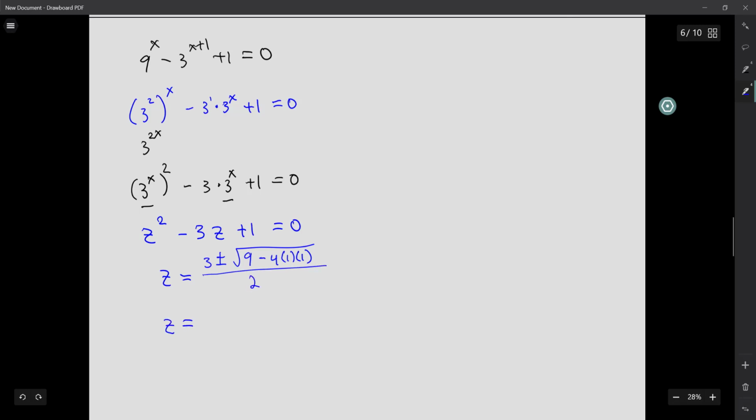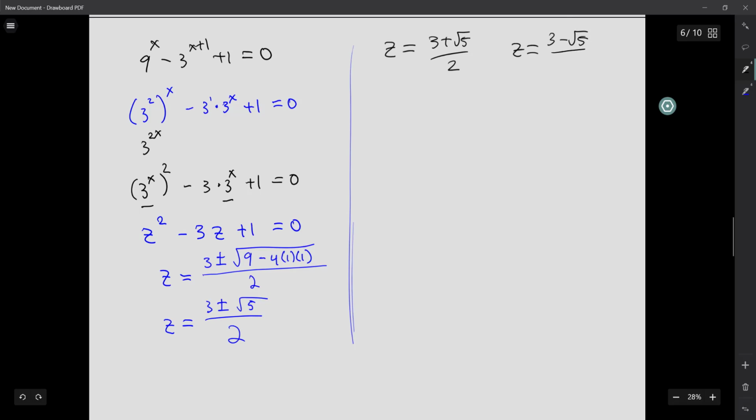I get z equals 3 plus or minus the square root of 9 minus 4, so that's 5, all over 2. So there's my two answers for z: z equals 3 plus root 5 over 2, and z equals 3 minus root 5 over 2.